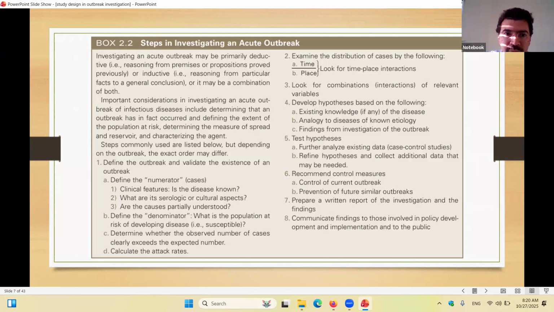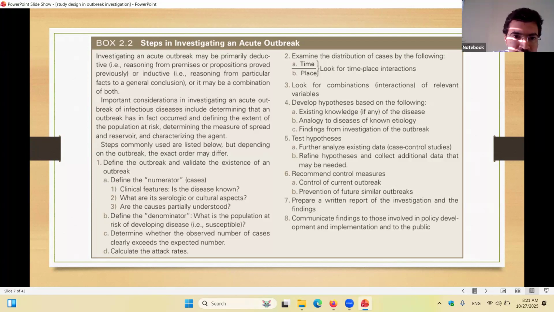For example, sometimes we have previous knowledge, previous information about an epidemic of a disease, and we generalize this knowledge to our case. But sometimes there is no previous information, and we should reason inductively about the current ongoing outbreak.